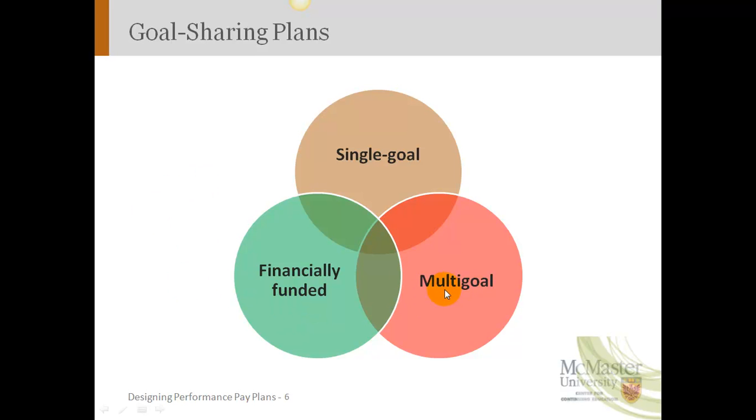All right. With single and multi-goal, we didn't necessarily talk about a pool of money being set aside, but we normally find that with any single or multi-goal, many of them are financially funded.